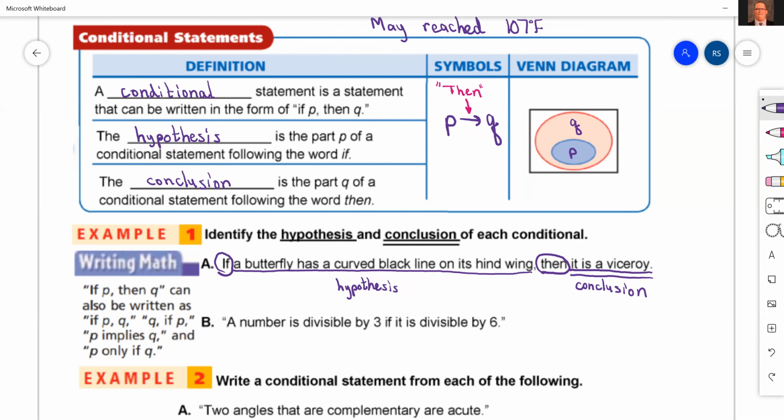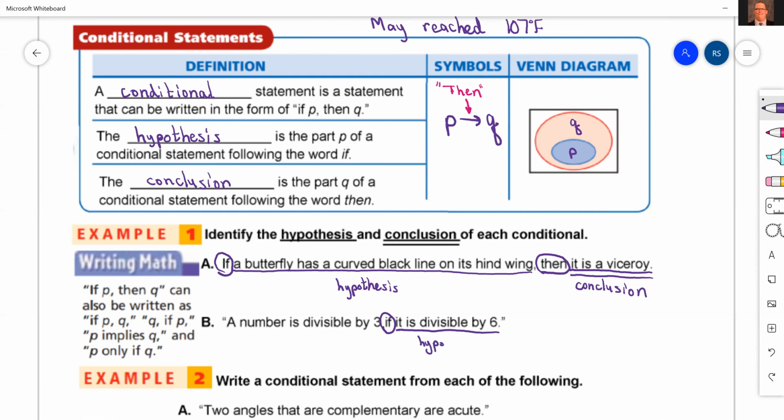Okay, B, a number is divisible by 3 if it is divisible by 6. First, try to find your if and circle it. There's our if. Whatever comes after the if is your hypothesis.